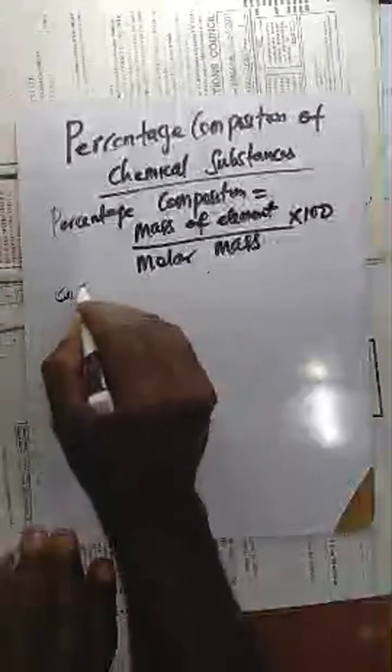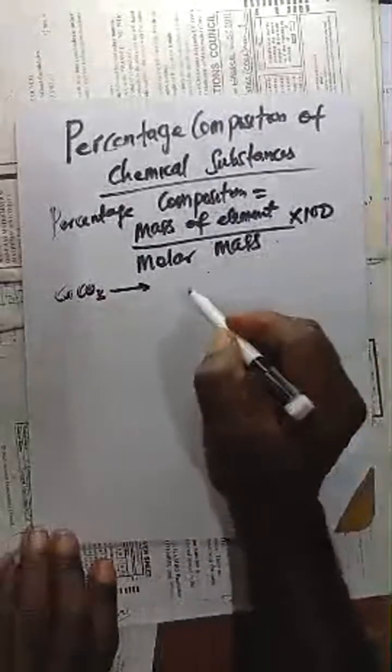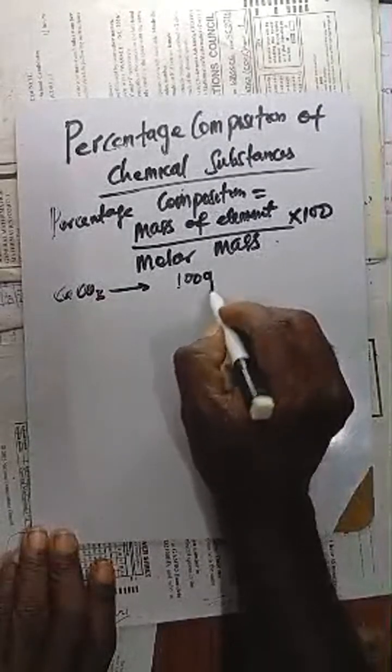The CaCO3 molar mass is 100 gram per mole.